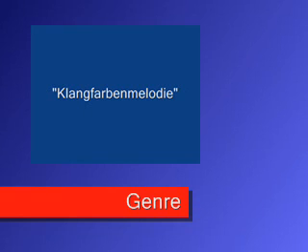Klang looks a little bit, or certainly could be pronounced like the English word clang, which is some sort of a sound. And in fact, it refers to a sound or a tone. Farben, I'm afraid, is something that you simply can't guess at. It means color. So taken together, this is a tone color melody.